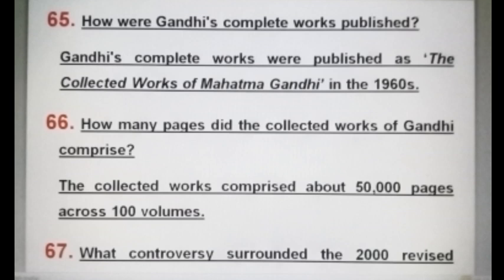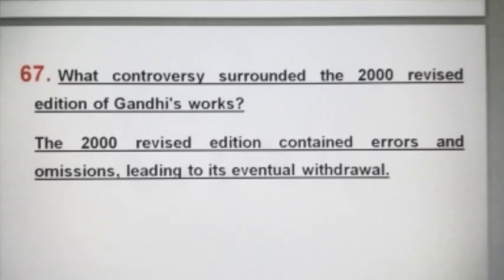The collected works comprised about 50,000 pages across 100 volumes. What controversy surrounded the 2000 revised edition of Gandhi's works? The 2000 revised edition contained errors and omissions, leading to its eventual withdrawal.